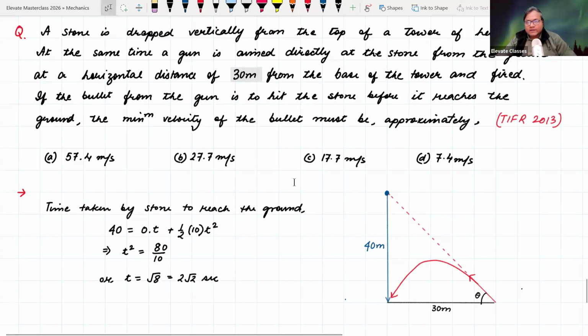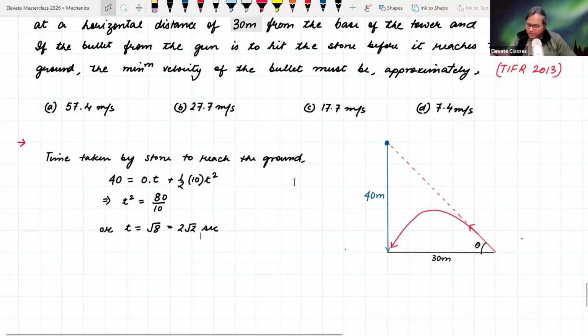So this is the time taken by the stone to reach the ground.